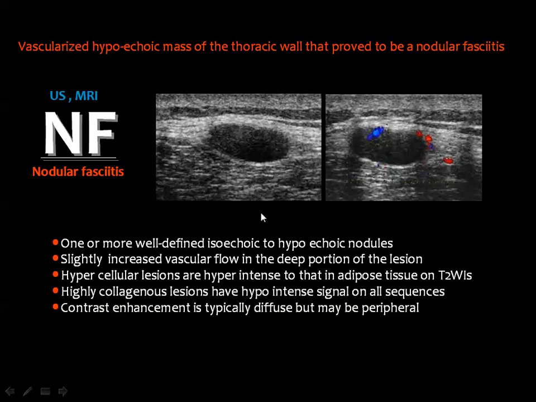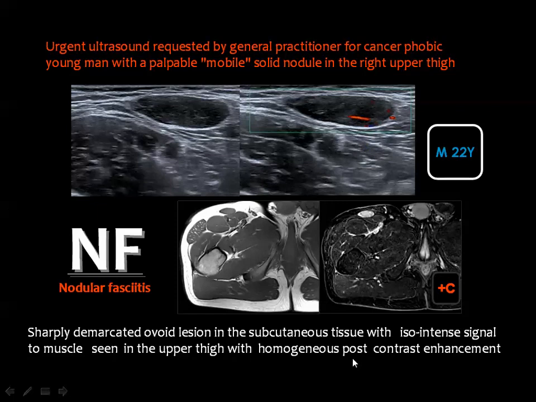Because of the fibrous content, they will appear hypointense in all pulse sequences, T1 and T2, but some of these tumors are hypercellular. They will show hyperintensity on the T2 weighted image, and they will show, of course, contrast enhancement.